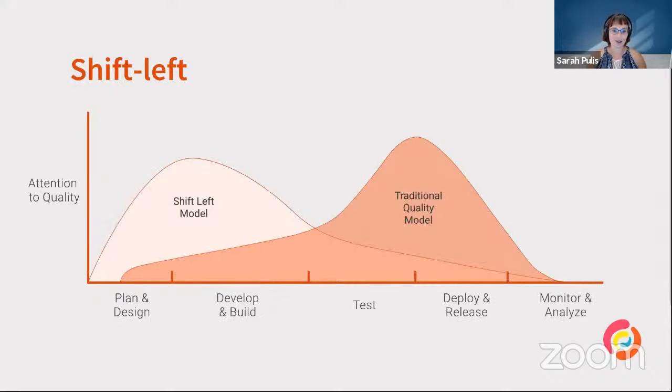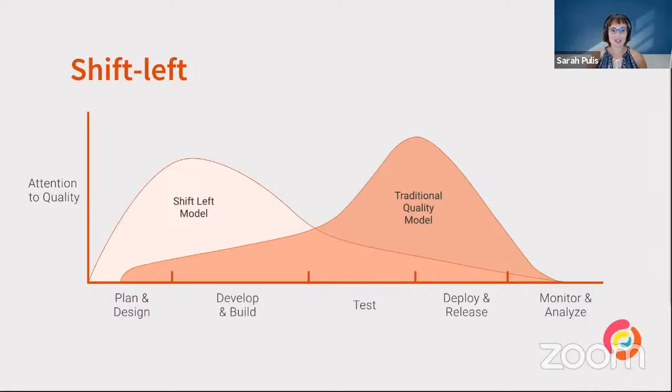Now, you may have heard of the shift left model and how it can be applied to accessibility. The shift left model is really common across DevOps, the development and operations area, and it encourages quality to be addressed as early on in the design and development process as possible.